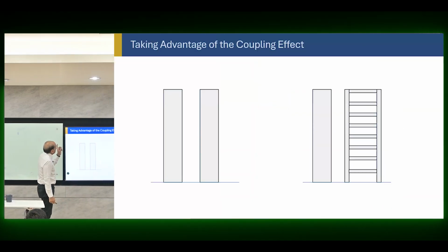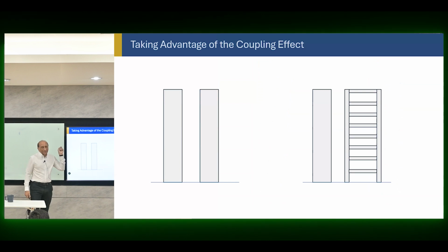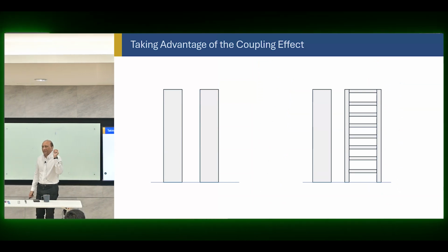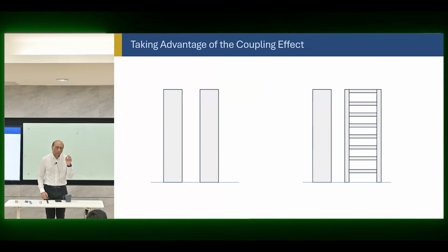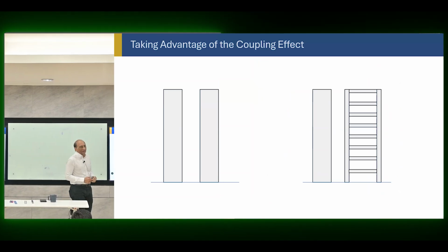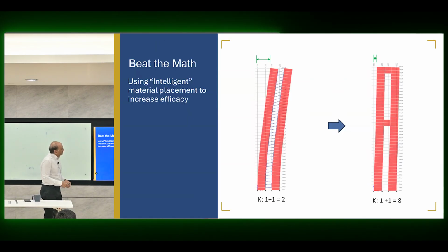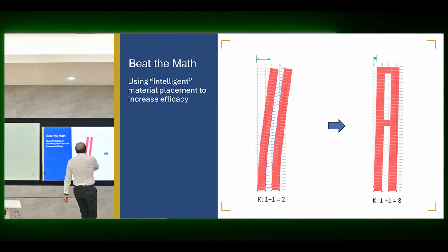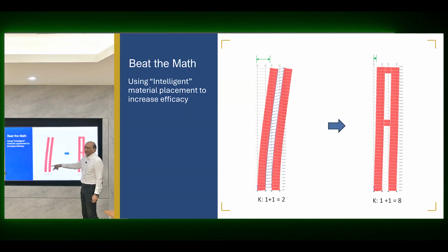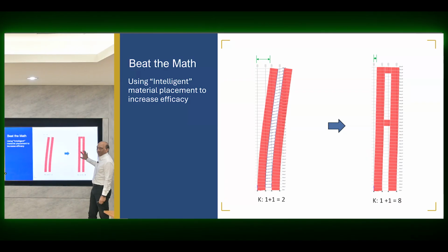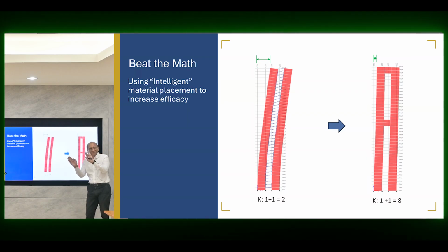This is the coupling effect that I talk about. And once again, the basis of all your systems, most systems in the future, is going to be taking advantage of the coupling effect. Because what I did here basically is that right now these 2 walls are behaving independently. I simply coupled them. I made them work together. Before they were just bending independently, standing side by side and bending, not assisting each other.